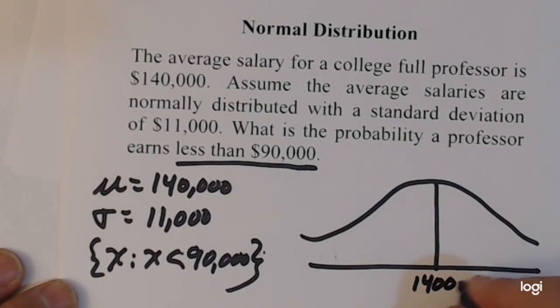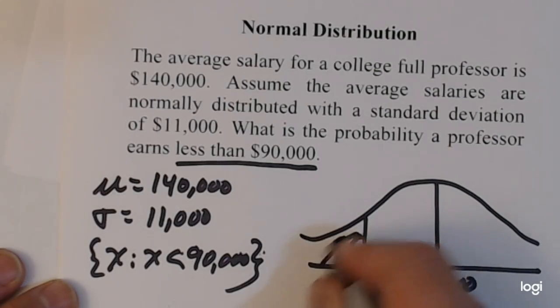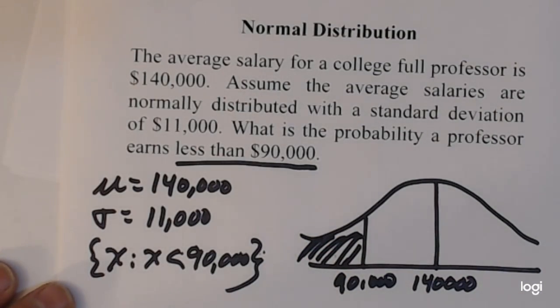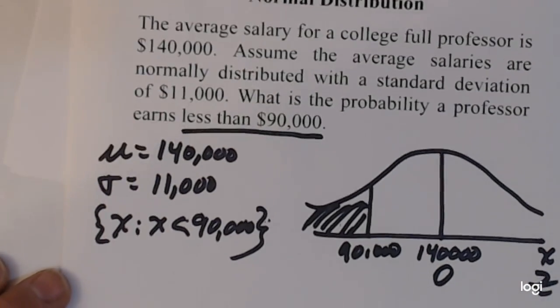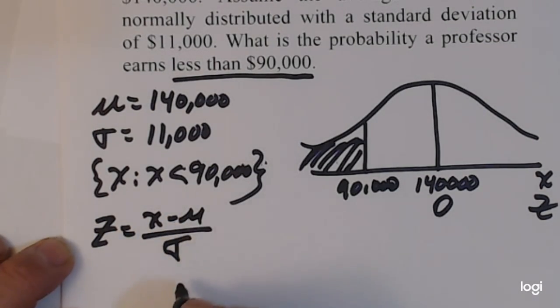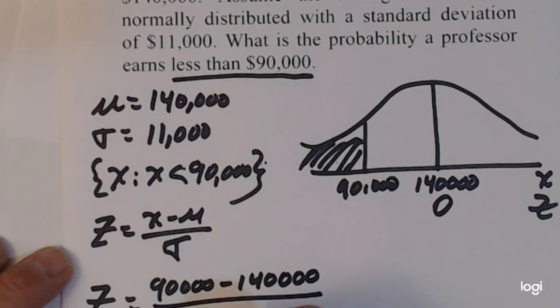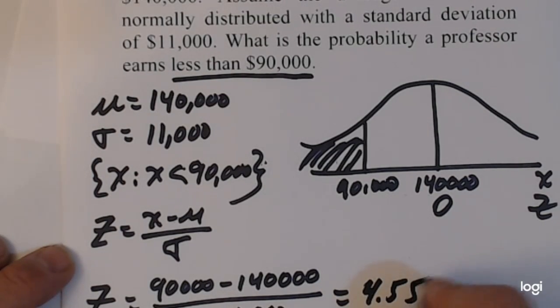This is 140, 90, less than 90,000. This is 0, X, Z. Let's go ahead and find our Z value. So Z is equal to X minus mu over sigma. So Z is equal to 90,000 less 140,000 over 11,000. And if you do that, we get a Z value of 4.55.